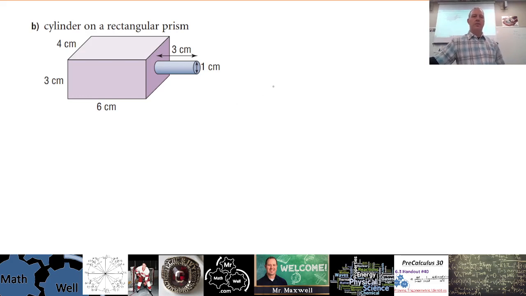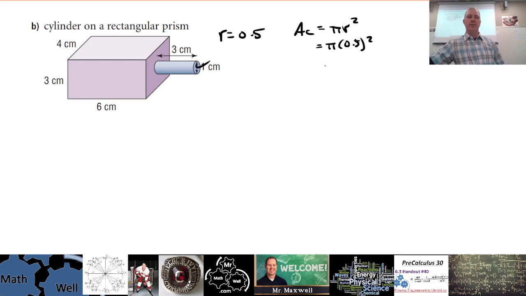Okay, so how I would go about this is exactly the same way as we did the first one. This is a diameter because it has the little arrow going from the edge of the circle to the other edge of the circle. So the radius here is actually 0.5 centimeters, okay? So you got to take that into account. So the area of the circle on top is going to be pi r squared, which is pi times 0.5 squared.